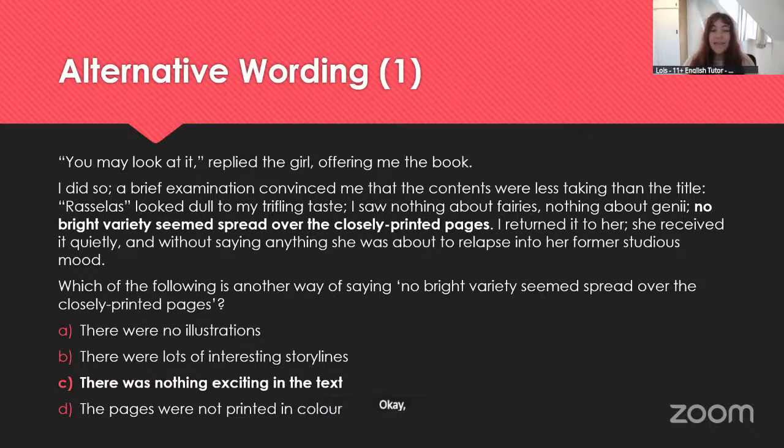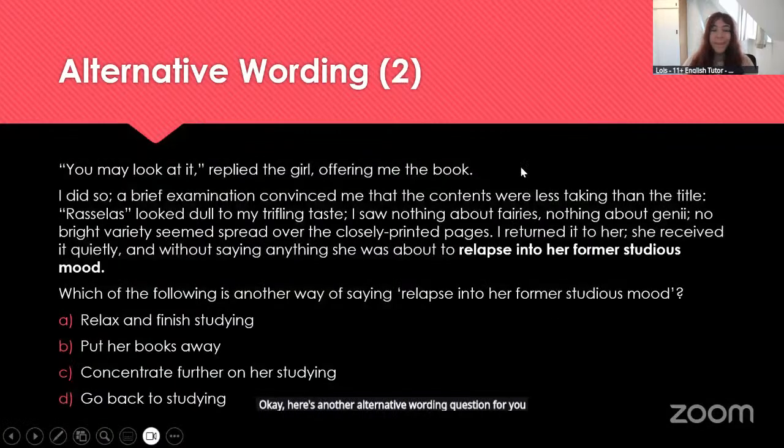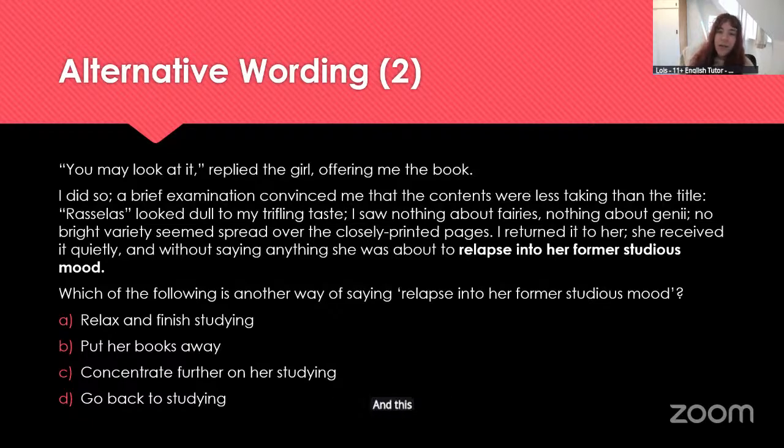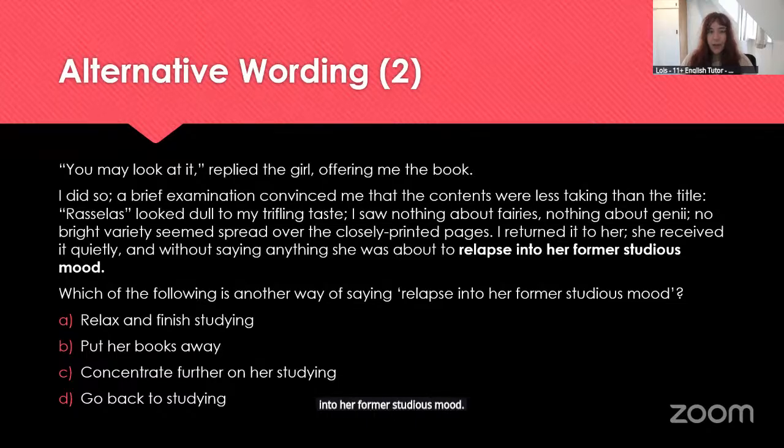Okay, here's another alternative wording question for you. Same passage again, and this is the last sentence of the passage. So, the question is this: which of the following is another way of saying relapse into her former studious mood? So, here are your options.